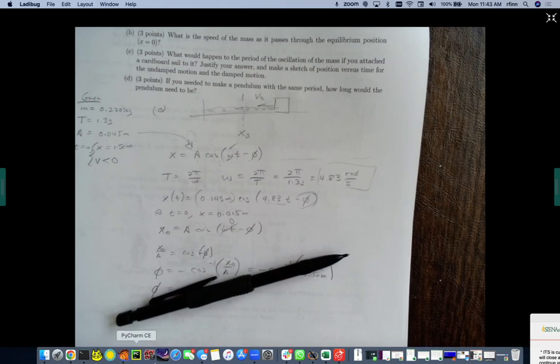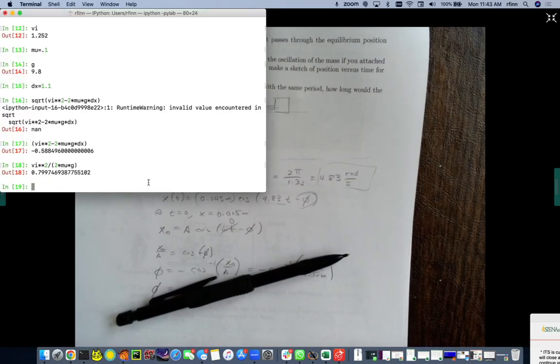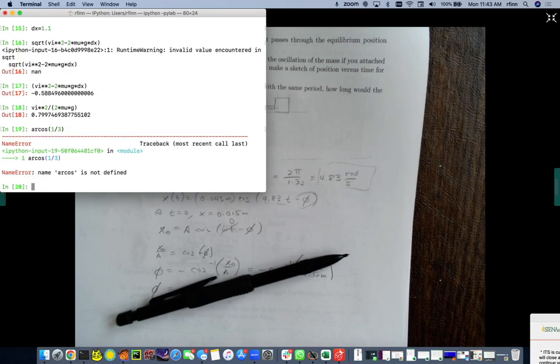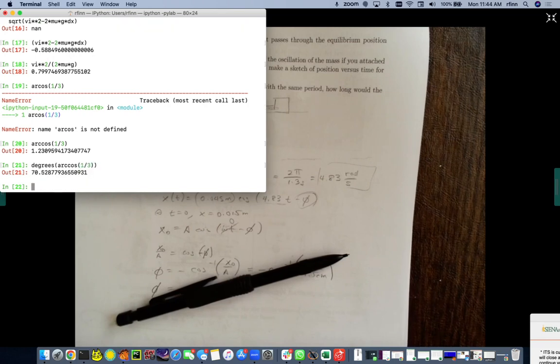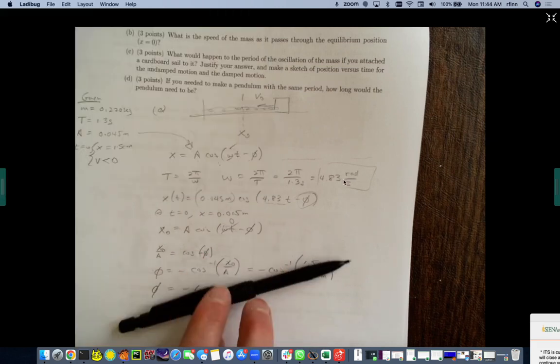We can just check that in Python. The inverse cos of 1 over 3 gives 1.23. By default, Python will return our angles in radians. If we wanted to convert that to degrees, that's 70 degrees. But we need to put it in radians inside the trig function.